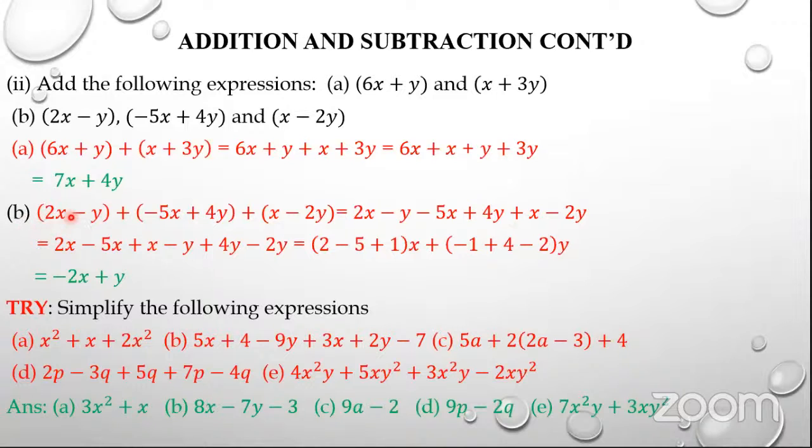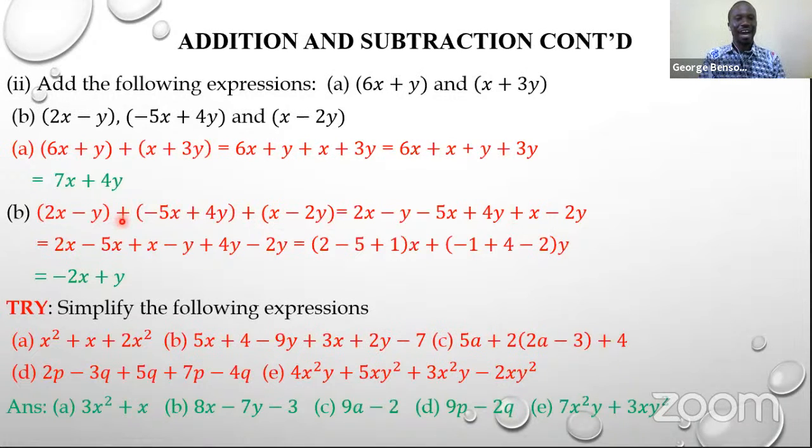In the B, we are still adding, and the preamble we're given here was add the following expressions. So in bracket form, we have 2x minus y, plus minus 5x plus 4y, then plus x minus 2y.